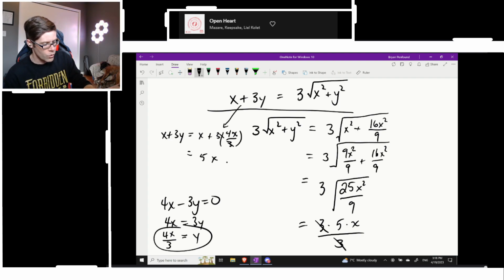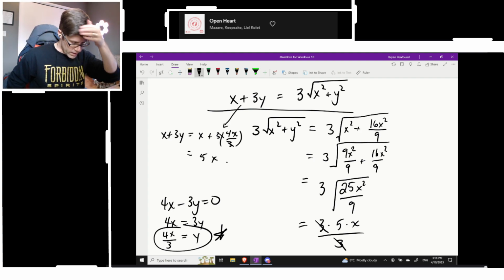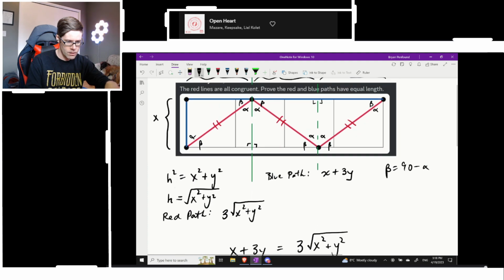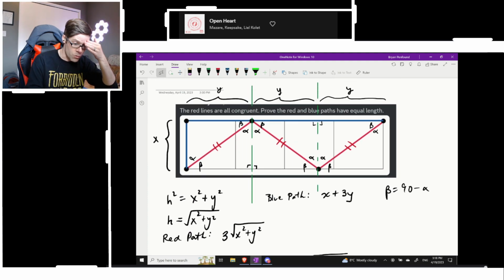Okay, so this is what we need to be able to prove to ourselves. If we can prove that that's true, the algebra seems to work out okay. So is it possible to show that x and y have to be in this ratio? If they are in this ratio, we're happy days.